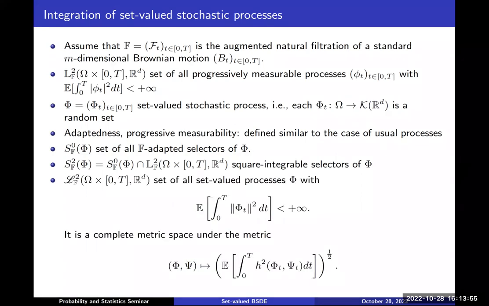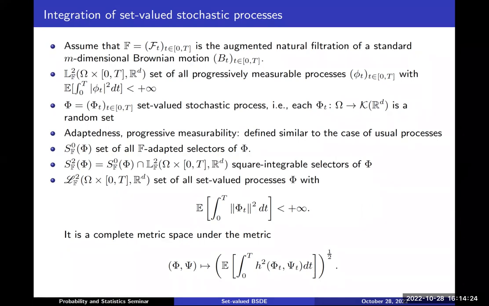Now, if I have a set-valued process which is square integrably bounded, I will denote this by script L, just like how I did integrable boundedness for a single random set. And I can use the same type of metric to study convergence because it's a complete metric space.